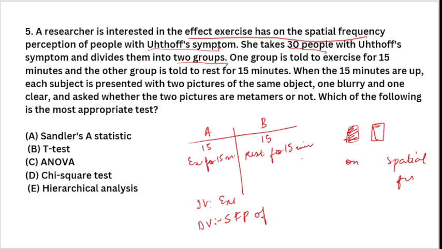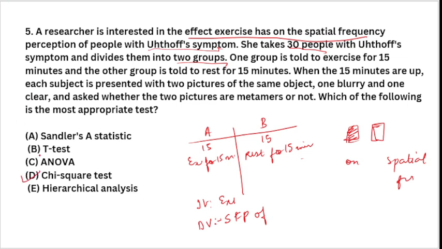For example, when we place those pictures in front of our eyes, we are not able to distinguish what is there in that image. That is not our concern. So here the chi-square test will be used.